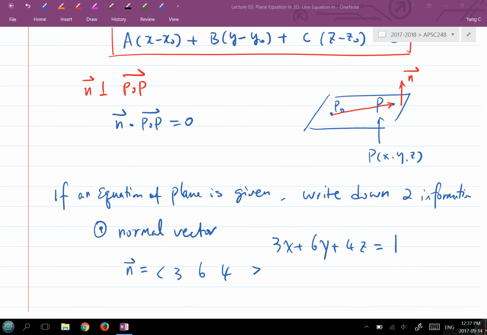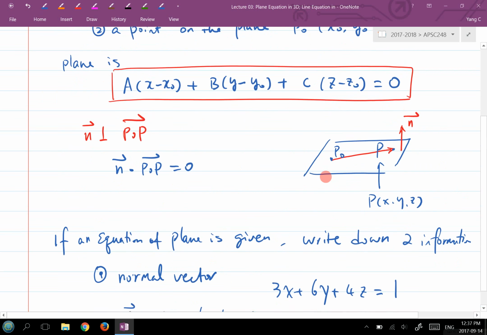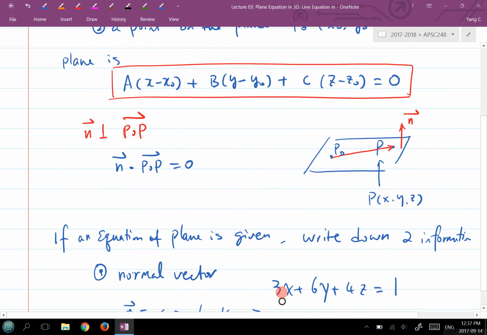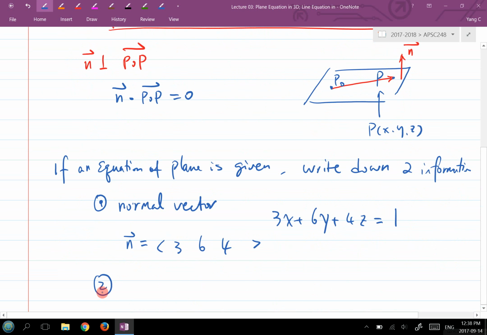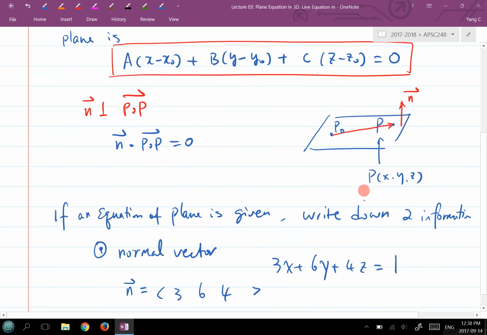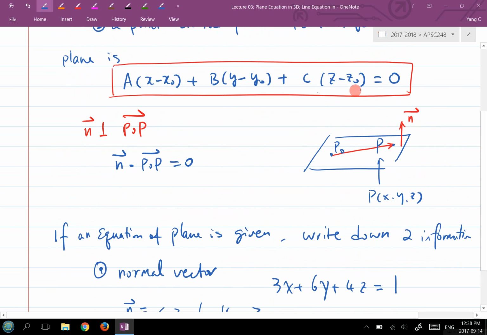That constant here is essentially this one here. If the plane equation given is exactly in this format, then you're lucky, and you can write down the second piece of information right away. If it's this equation here, you write down the normal vector (a, b, c). What will be the second piece of information you can immediately write down?